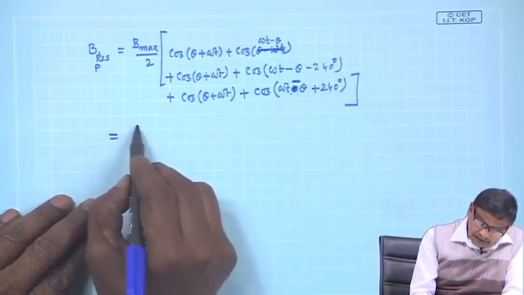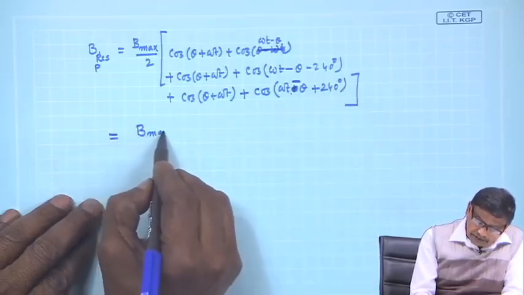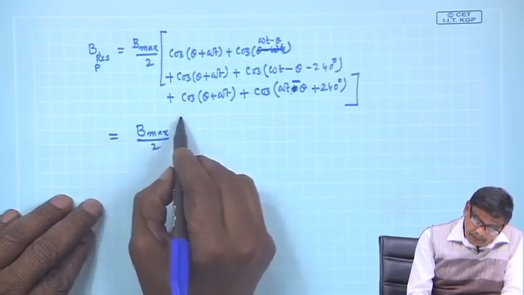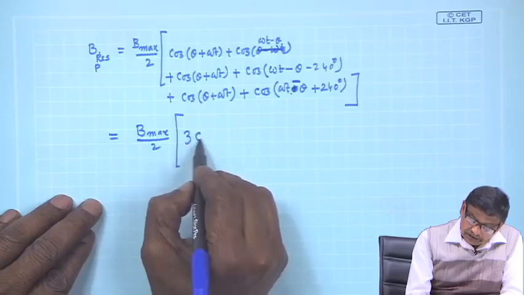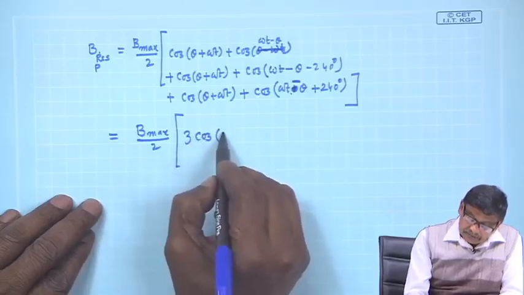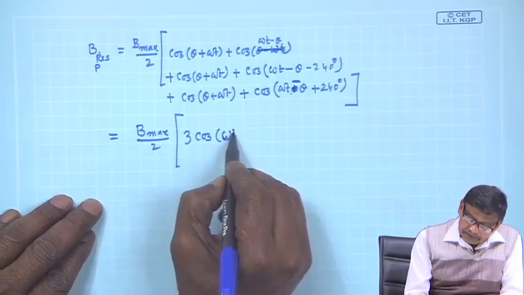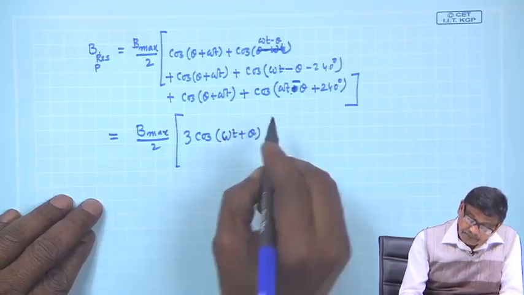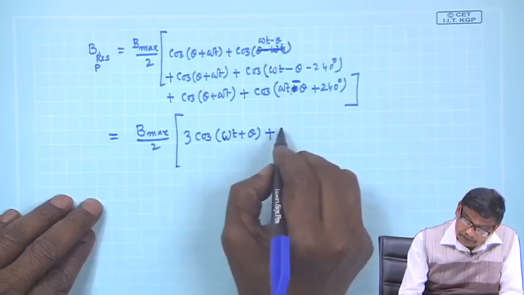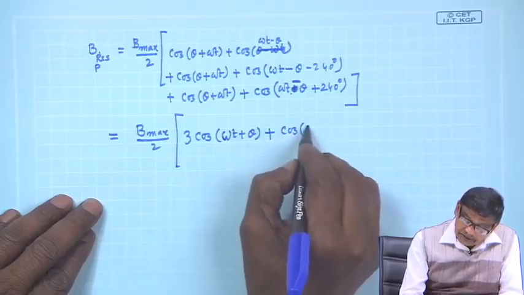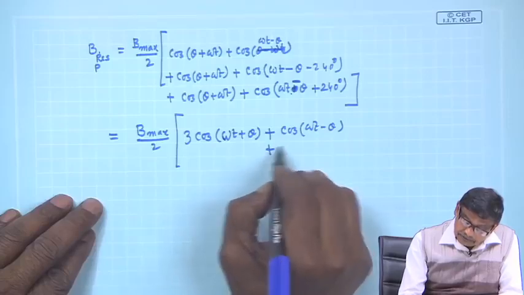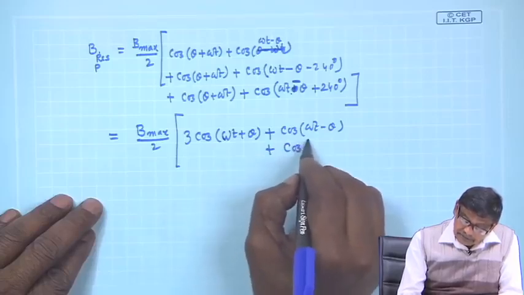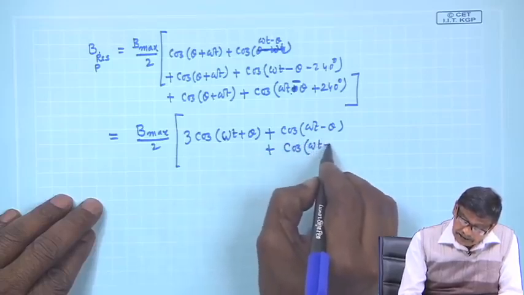So, let me write that: B max by 2, this 3 of course will be 3 cosine omega t plus theta, and these things will be cosine omega t minus theta plus cosine omega t minus theta.